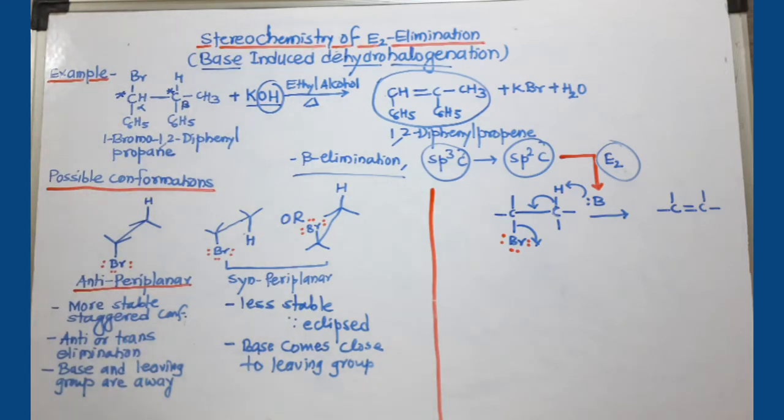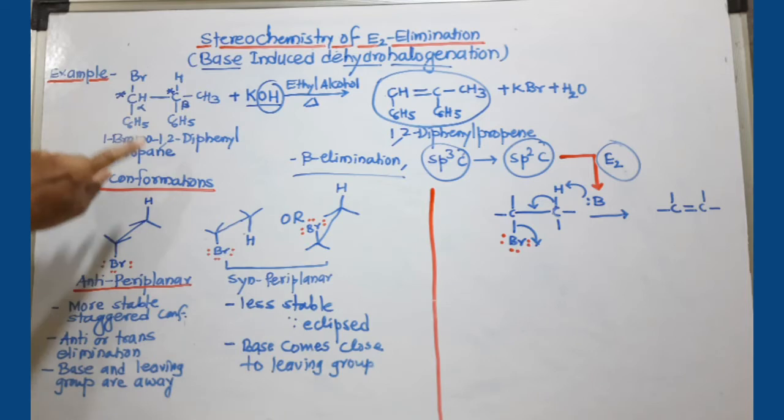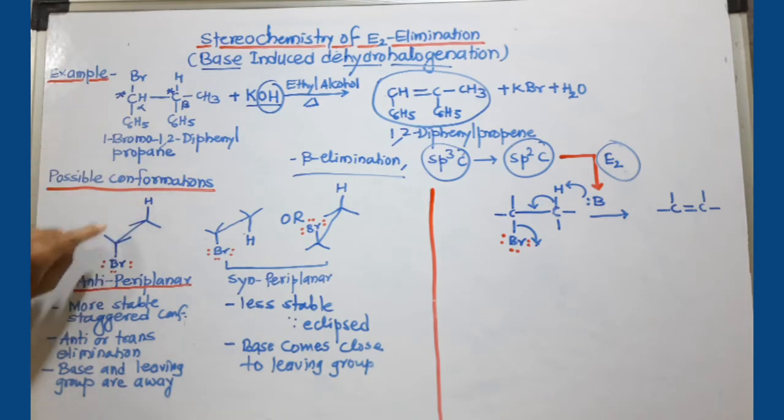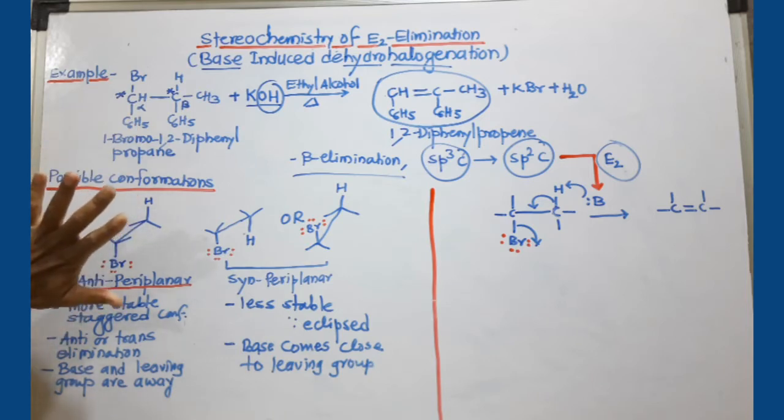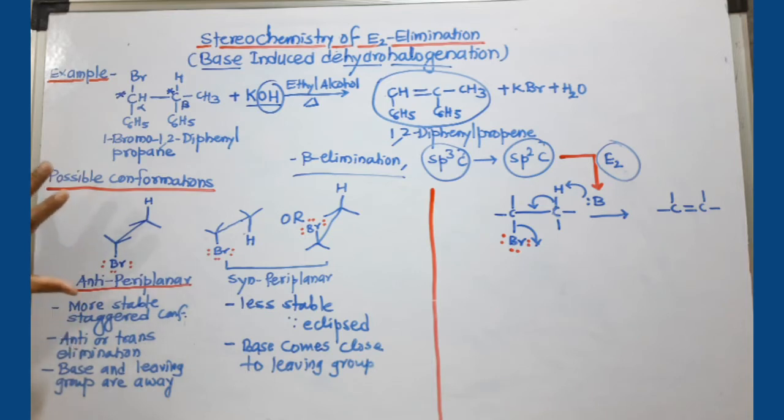I have selected two orientations because I am interested only in H and Br. We have to remove them from this molecule. So we have selected two conformations for this molecule during the 360 degree rotation.